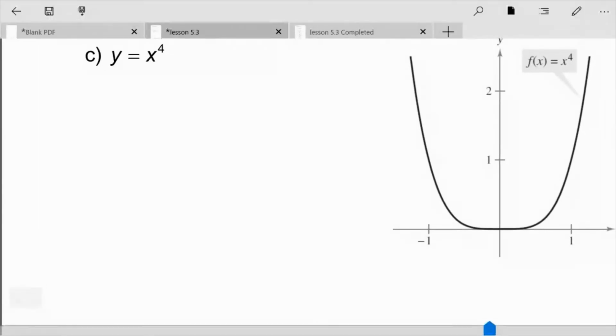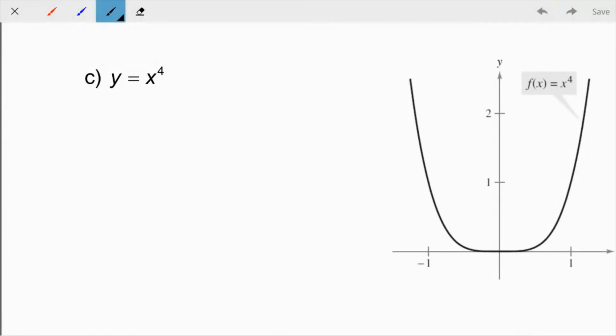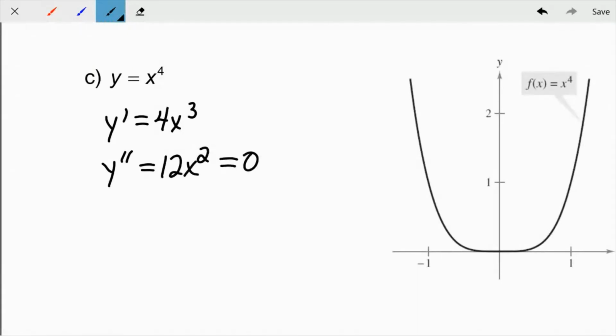So I'm going to start by taking the derivative here, and I would get y prime is equal to 4x cubed. Remember, we need to be looking at our second derivative, so that would give me 12x squared. When I set that equal to 0, I get x is equal to 0. But the thing to remember about this is that that would actually be a double root.